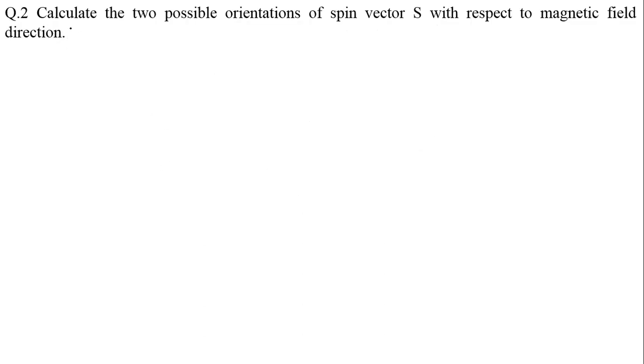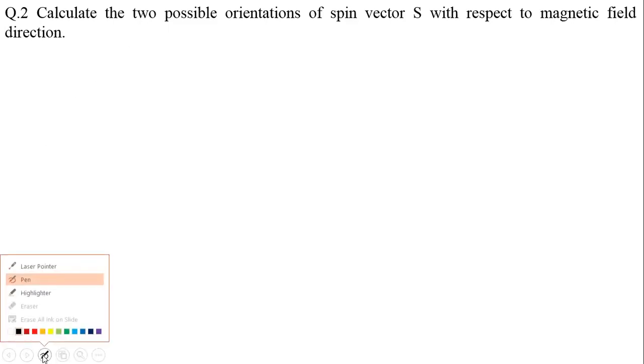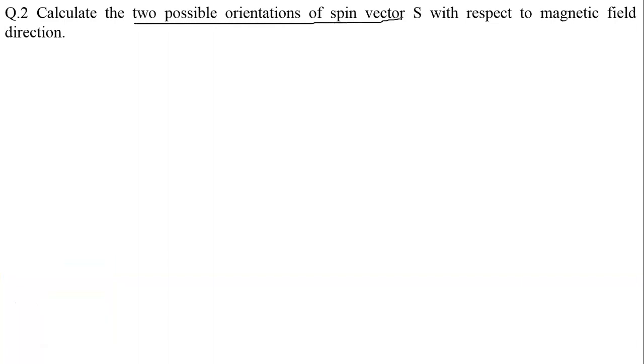Here, in this question, it is given to calculate the two possible orientations of spin vector S with respect to the magnetic field direction. It is nothing but the space quantization. What is space quantization? When there is a magnetic field, there are different orientations of the spin vectors. We want to calculate two possible orientations of spin vectors.